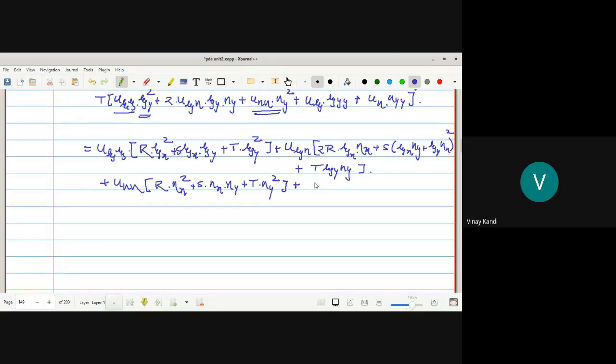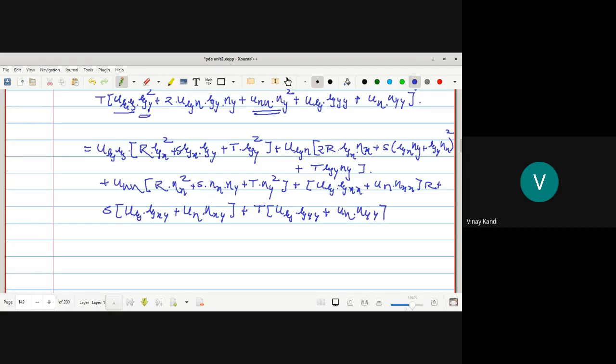Plus the remaining terms, taking common: R into (u psi into psi xx plus u eta into eta xx), plus S into (u psi into psi xy plus u eta into eta xy), plus T into (u psi into psi yy plus u eta into eta yy).